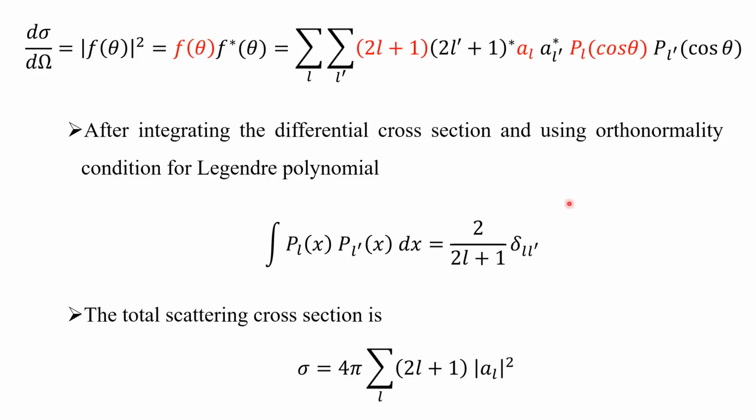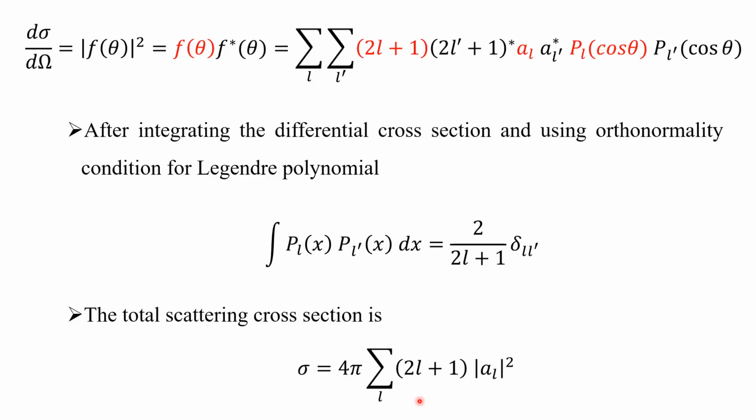And if you integrate over the solid angle, you will get 4π. This will become σ equal to 4π summation over L of (2L+1) modulus A_L square, where A_L is the partial amplitude of the Lth wave. So this is the total scattering cross section.